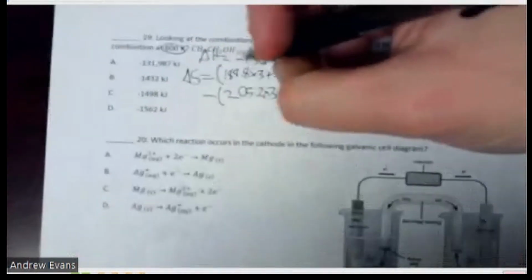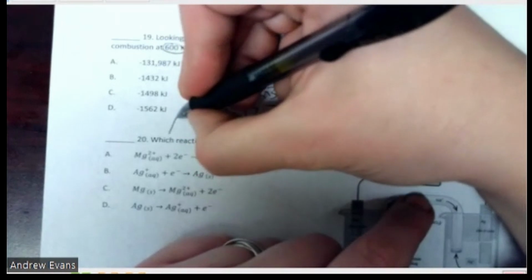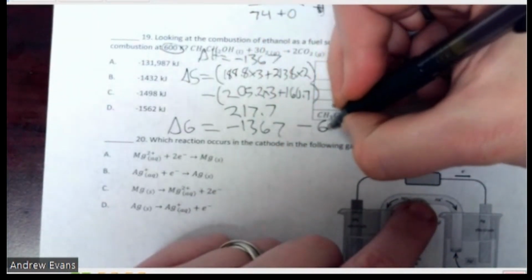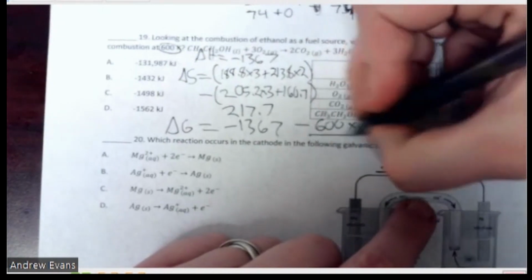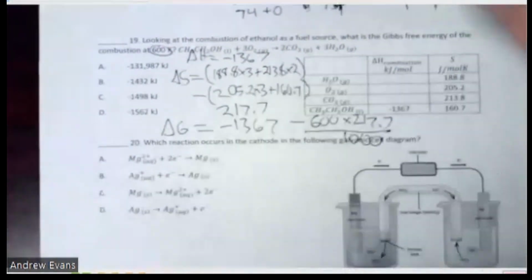So entropy is 217.7. So delta G is going to be negative 1367 minus 600 times 217.7 divided by 1,000. That is negative 1497.6, which rounds to 1498.